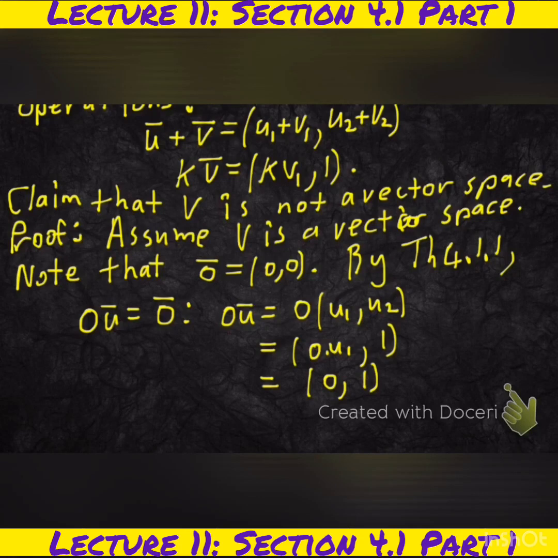Okay, so what else do we know? Remember that we said from theorem 4.1.1 that 0 times the vector u is the 0 vector. Now remember, that thing there is the 0 vector, so that needs to be equal to the 0 vector. What is the conclusion that we can derive from that?